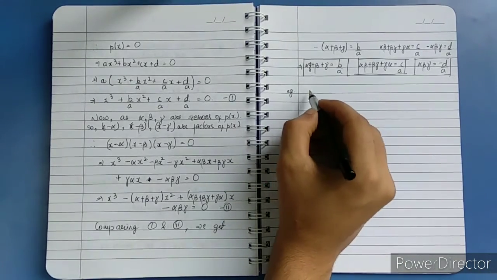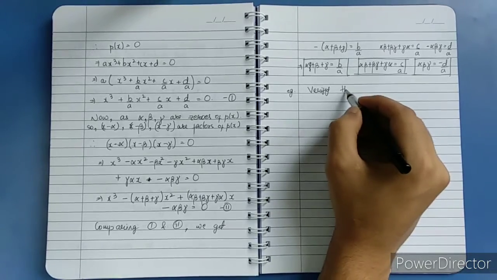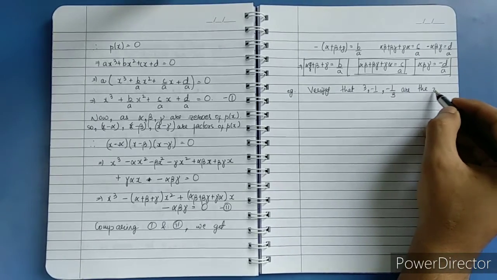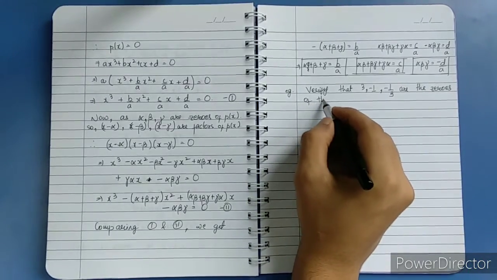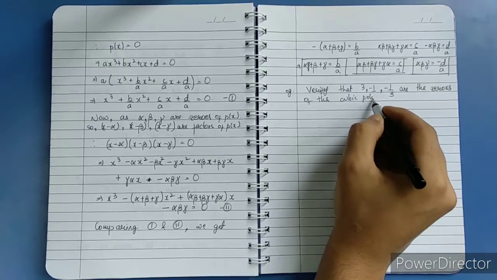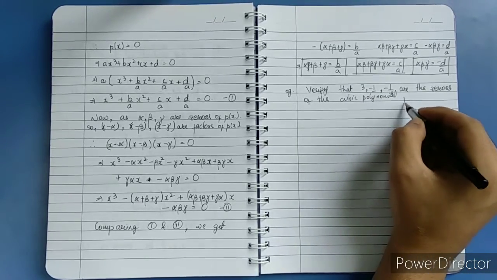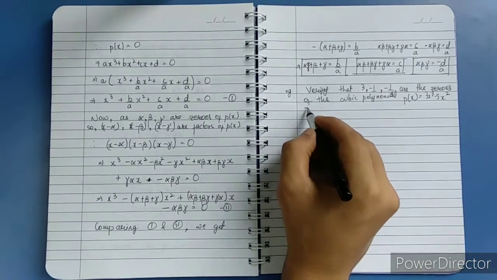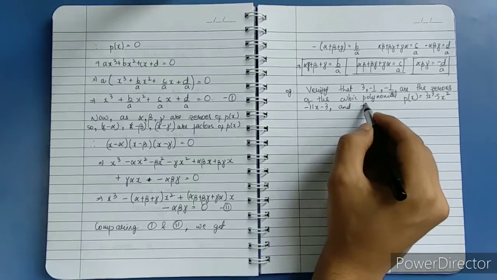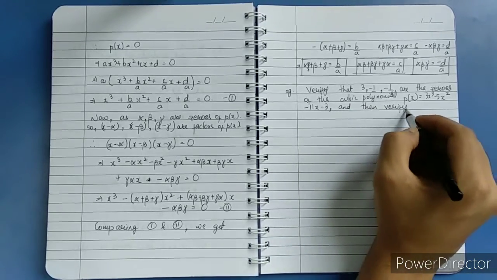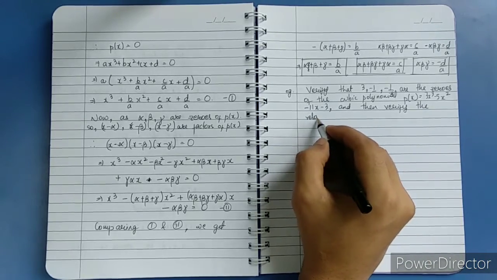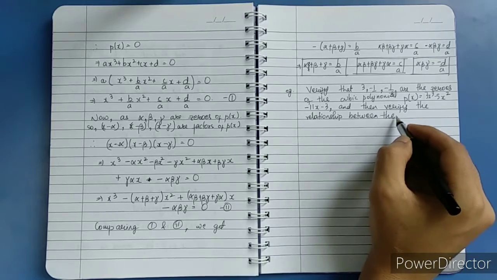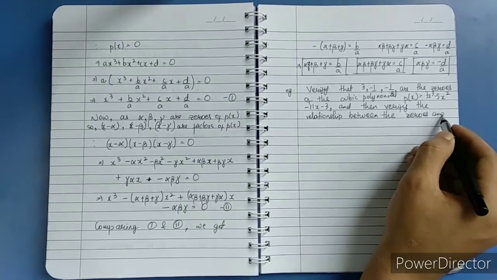So example, verify that 3, minus 1, minus 1 by 3 are the zeros of the cubic polynomial p of x equals to 3x cubed minus 5x square minus 11x minus 3, and then verify the relationship between the zeros and coefficients.